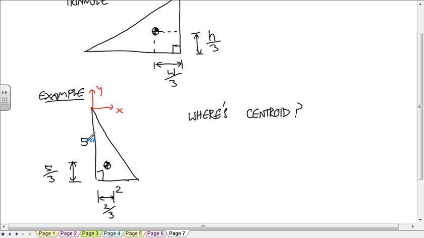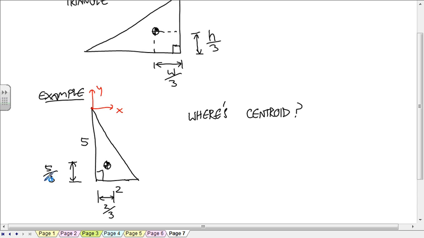And now we have to translate that into the coordinate system. So this point would be at 0, -5, right? And then you're adding to that 5/3.